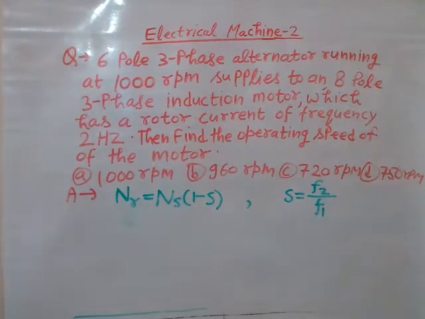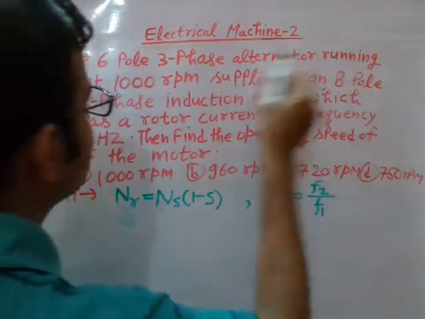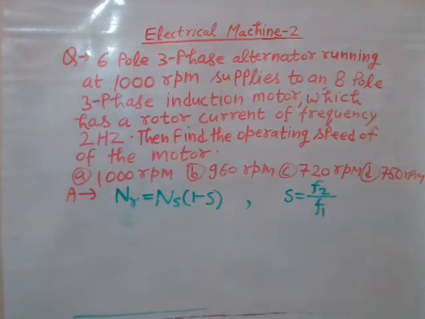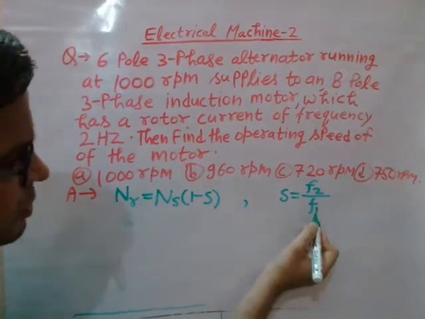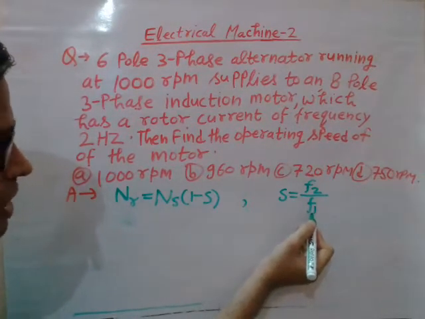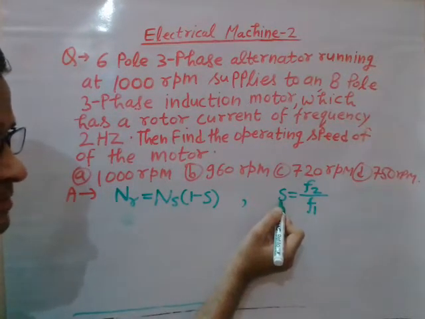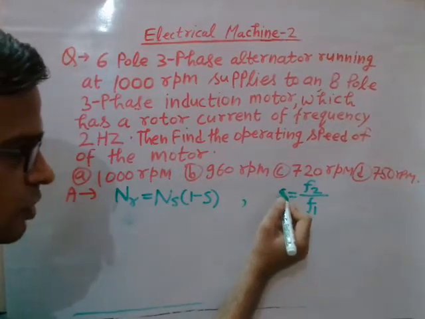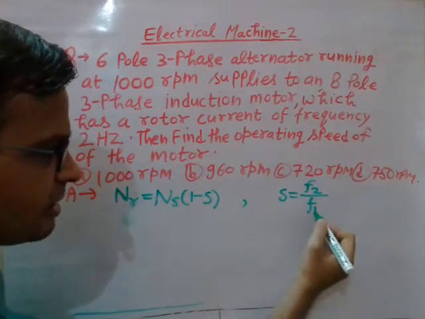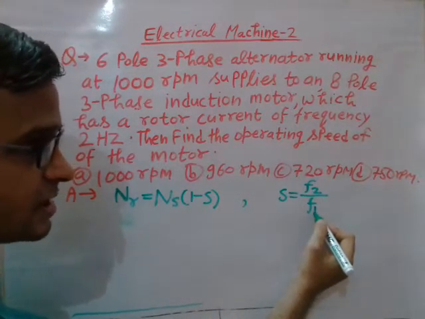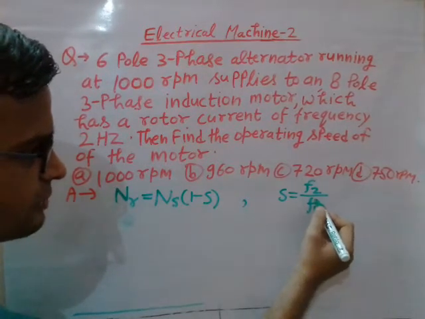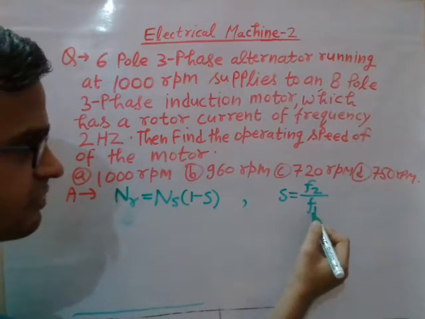Now just analyze this question: the supply frequency is not given to you. Until and unless the supply frequency is given, you cannot calculate the operating slip of the induction motor, because the operating slip is the rotor frequency divided by the applied stator frequency. The applied frequency to the stator, F1, is not given.